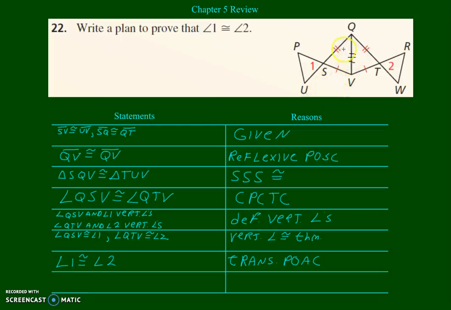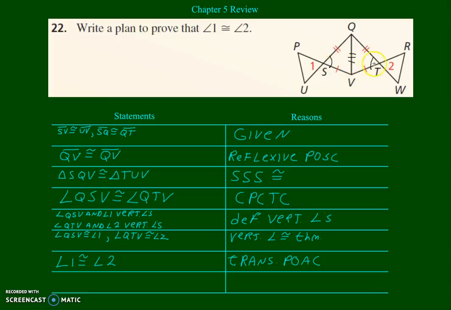And then, because these are all congruent segments, we know that the two triangles, SQV is congruent to QTV by side, side, side congruence. Now, because these two triangles are congruent, any of their corresponding parts must also be congruent. So we can say angle QSV is congruent to QTV by CPCTC.